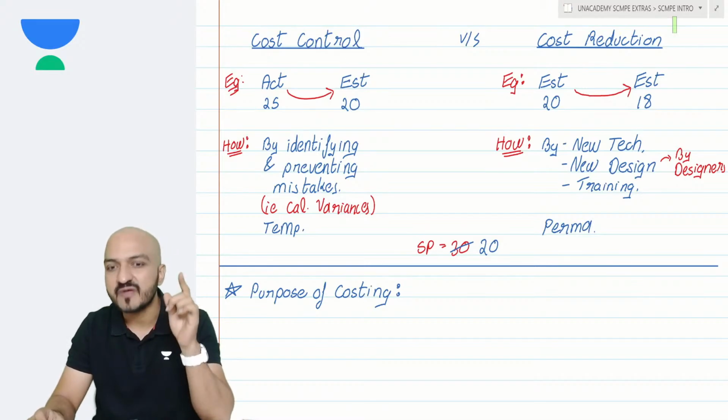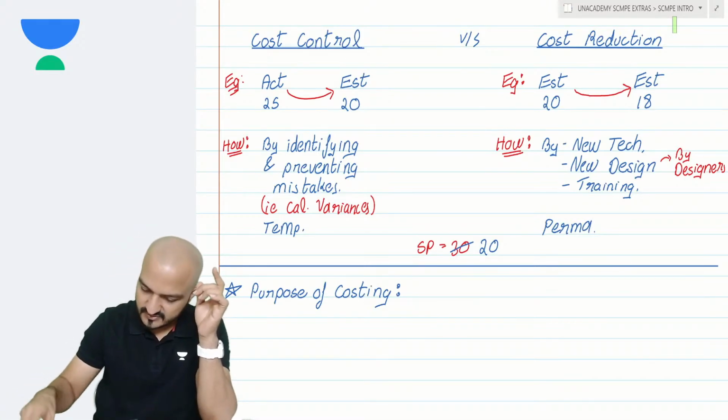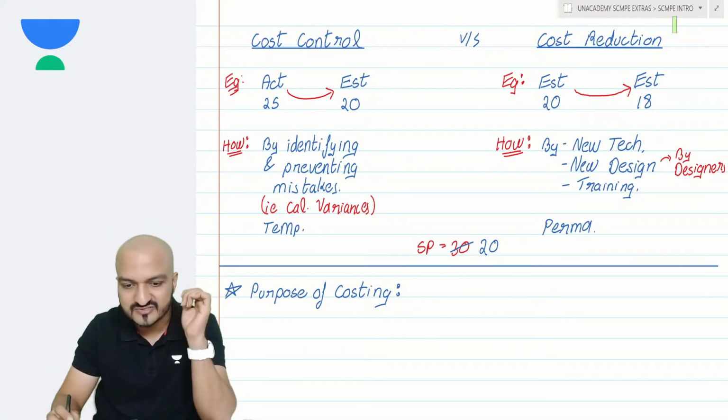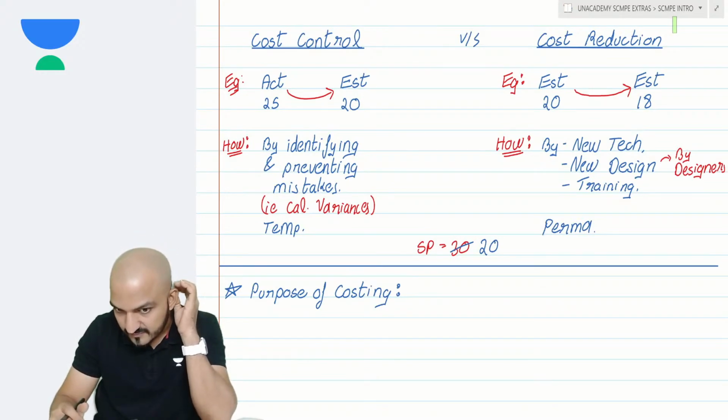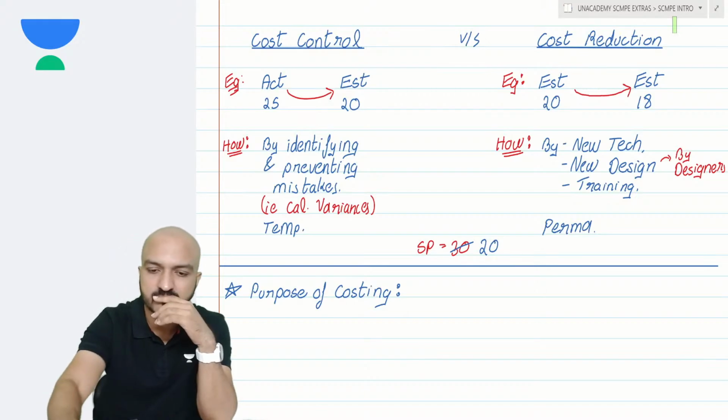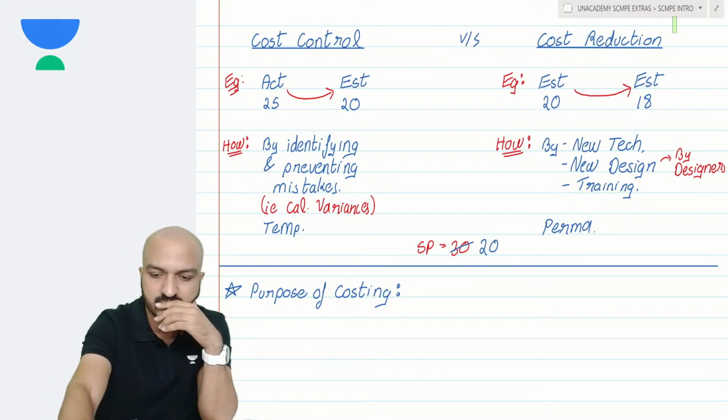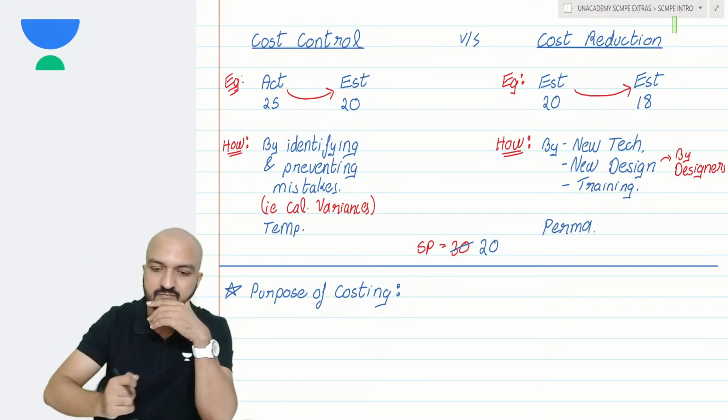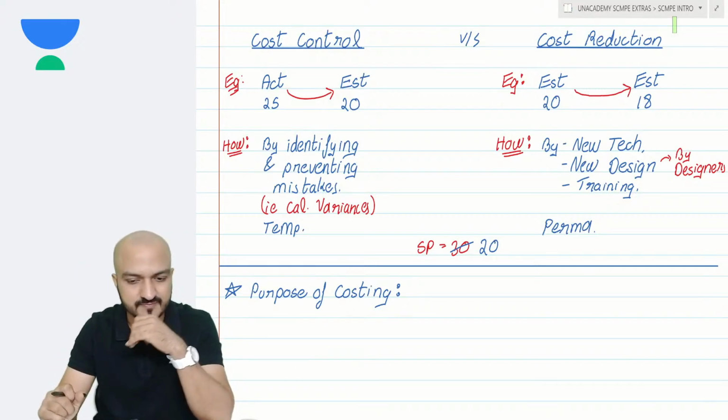That's what I have to explain to the designer. That's the use of chartered accountant in cost reduction. Do you understand that? Yes. Yeah.